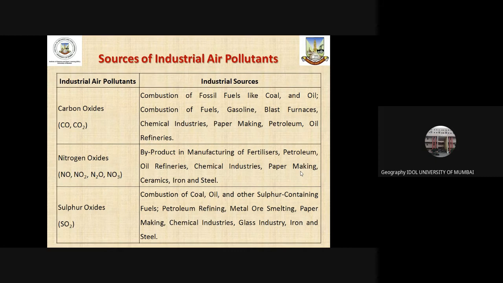Sulfur oxides or sulfur dioxide, on the other hand, is also a byproduct of combustion of fossil fuels like coal, oil, and other sulfur containing fuels, petroleum refinery, metal ore smelting, paper making industry, chemical industry, glass industry, and also iron and steel industry, from where sulfur dioxide is being released. So oxides of carbon, oxides of nitrogen, and oxides of sulfur are primarily responsible for pollution of air.